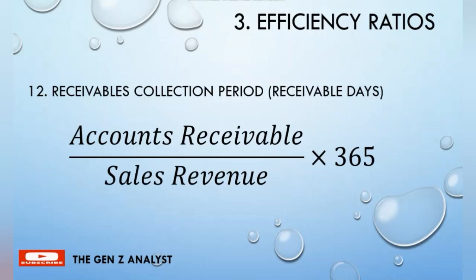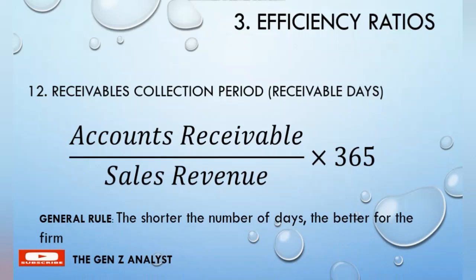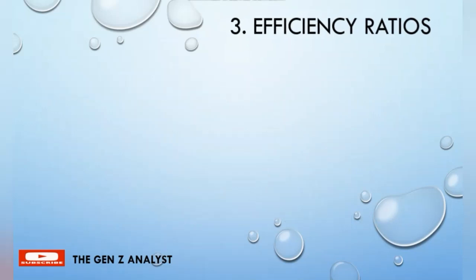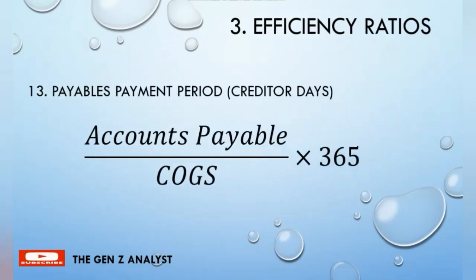We calculate this by taking the total accounts receivable in the statement of financial position and dividing it by the sales revenue in the statement of profit or loss, and multiplying the result by 365 days. As a rule of thumb, the shorter the number of days, the better for the firm. So that is how we deal with the receivable collection period.